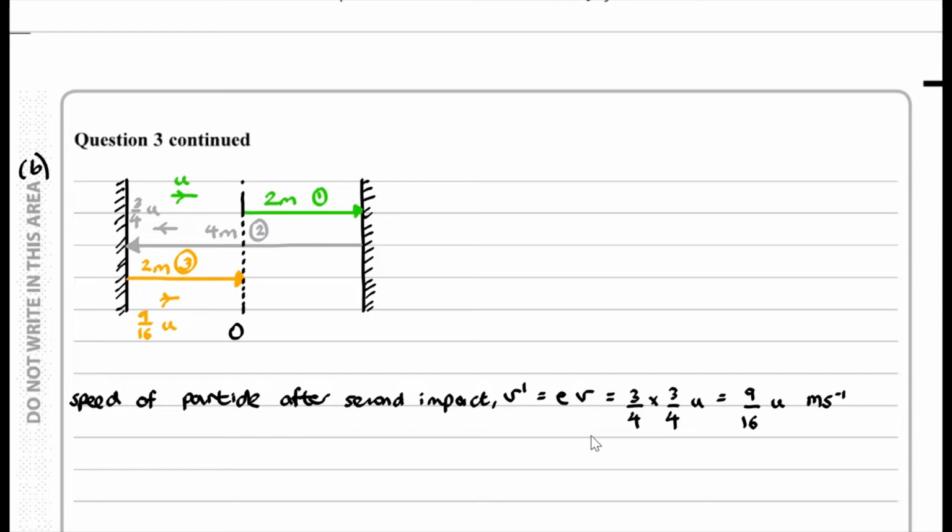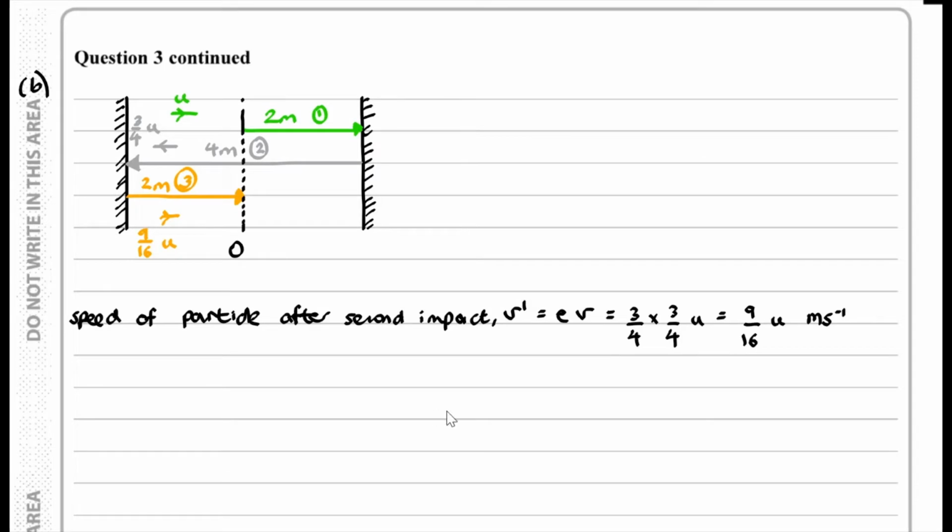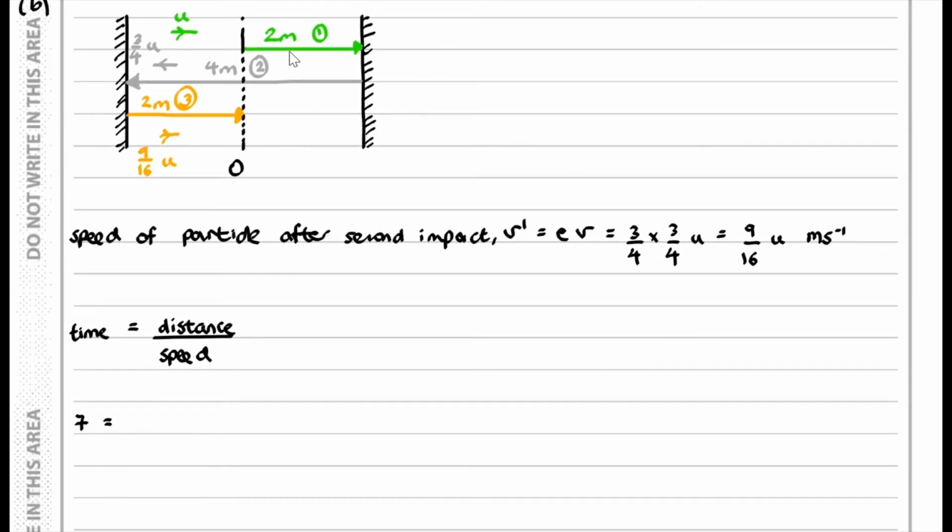And we also know that time is equal to distance over speed. So let's just write this down. Time we also know to equal distance divided by speed. Okay, so we have the time, we were told that's 7. Now the distance, it's made up of several different parts. Considering the bit in green, we've got 2 meters, that's the distance, and then the speed is u, so we have 2/u.